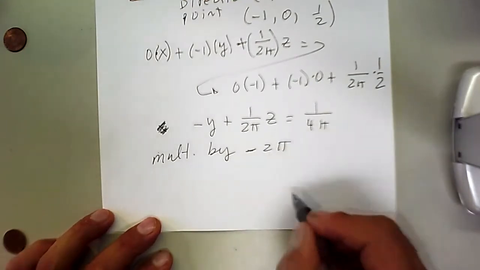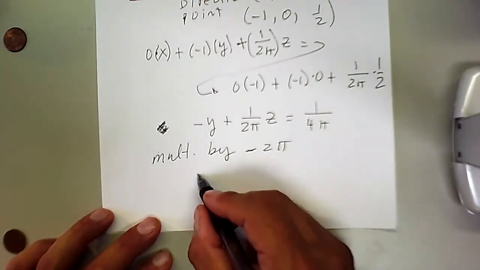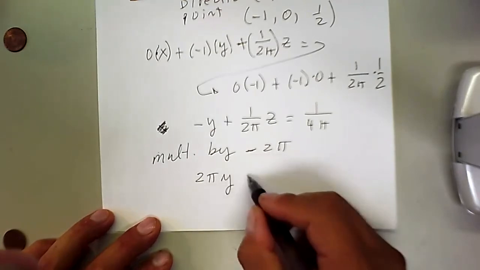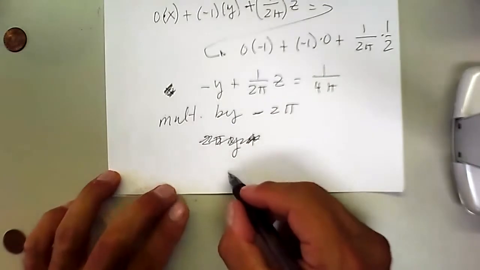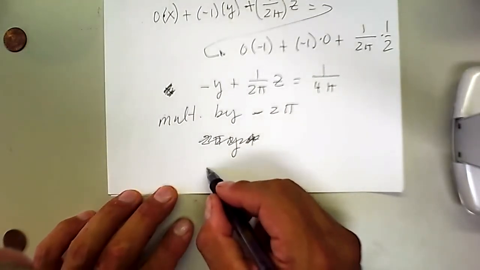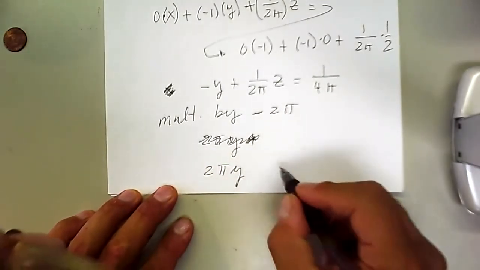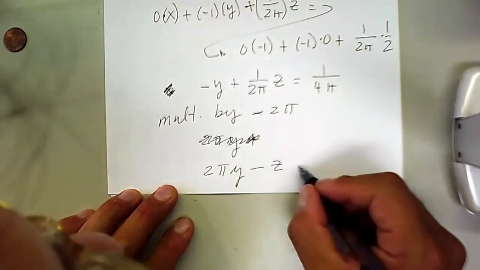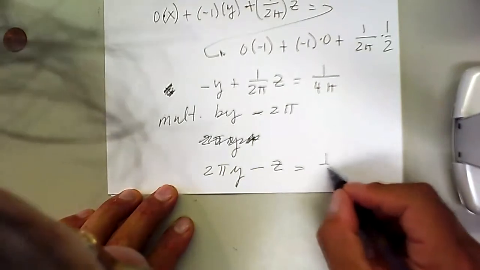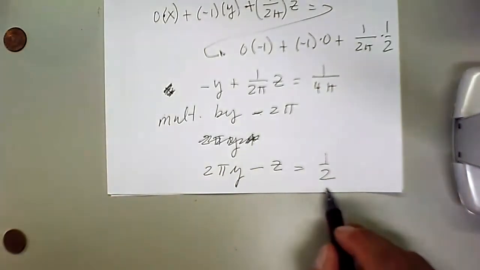-2 pi. And that way we end up with 2 pi y plus, rather, sorry to mess that up. I'm going to start it down here. So 2 pi y, we're multiplying by a negative, so that turns into minus z equals 1/2. We have a fraction here.